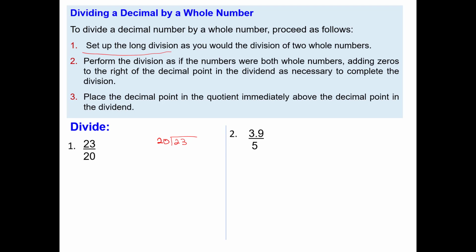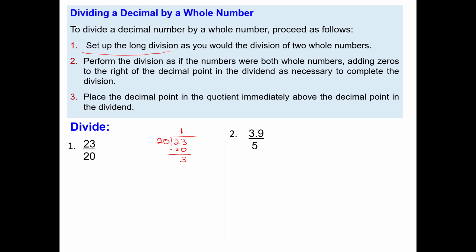We say, how many 20s are in 23? Yes, 1. 1 times 20 is 20. We subtract, and 23 minus 20 equals 3.